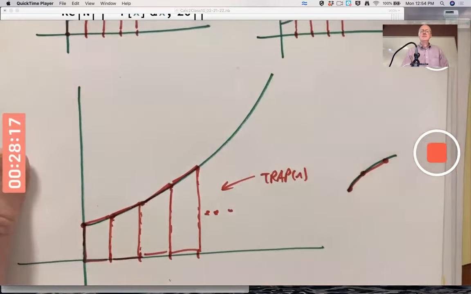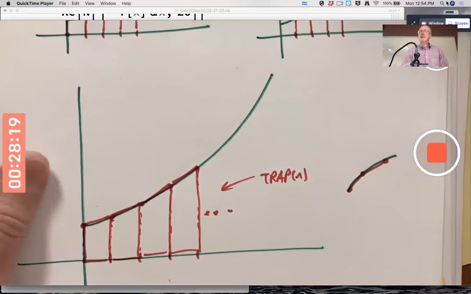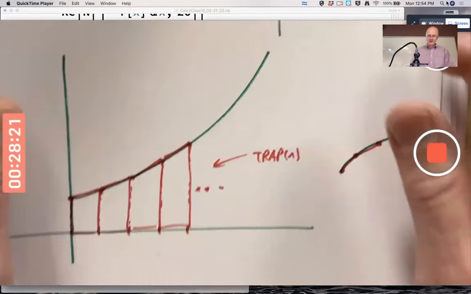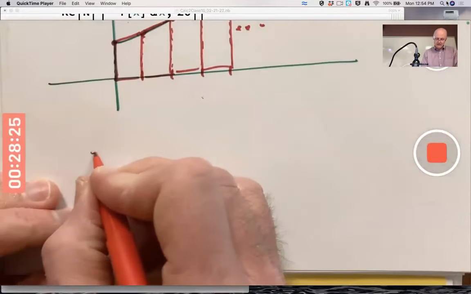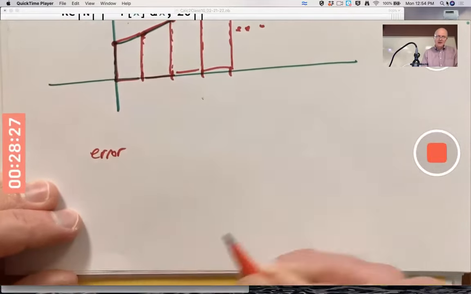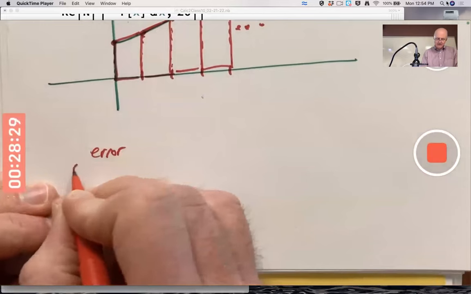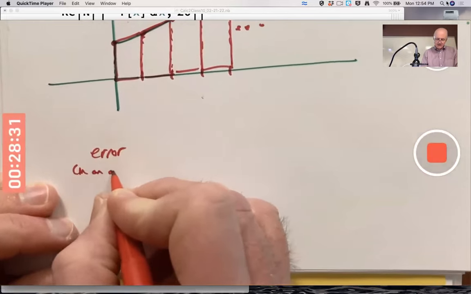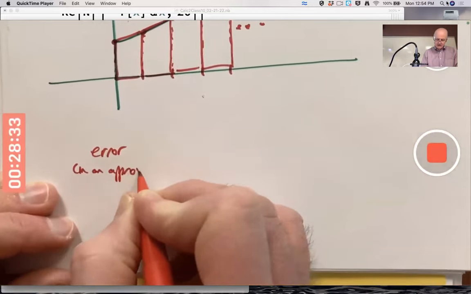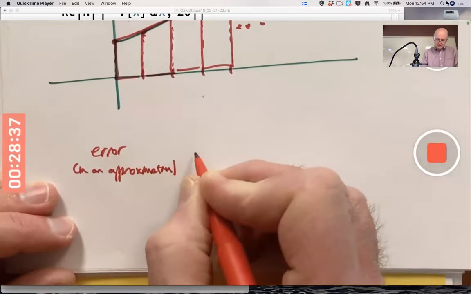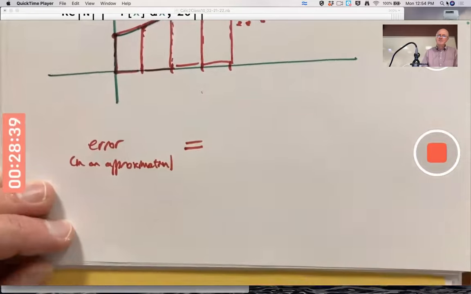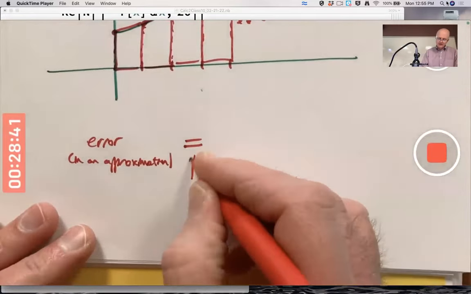Something new today is we need to talk about the idea of the error in an approximation. So you've got a situation, this is the definition.